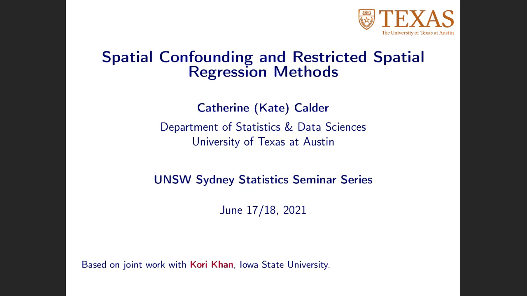Catherine is also associate editor in some of the well-known journals such as Annals of Applied Stats, Bayesian Analysis, and etc. Her research interests lie in spatial stats, Bayesian modeling and computation, and statistical network analysis, to name a few. And so today, Catherine is going to talk about spatial confounding and restricted spatial regression methods. So Catherine, thanks for accepting to give this talk, and the virtual floor is yours.